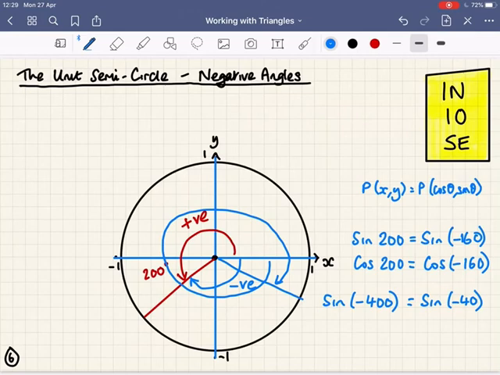So it's equal to sine minus 40. And we know that sine minus 40 is the same as the value of sine of 320, because I'd get to the same place by going in a positive direction. So these are the same value. They're just different ways of expressing the same angle, effectively.